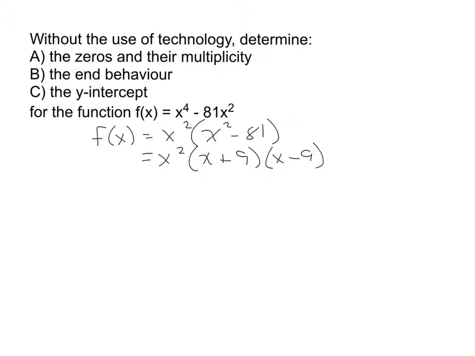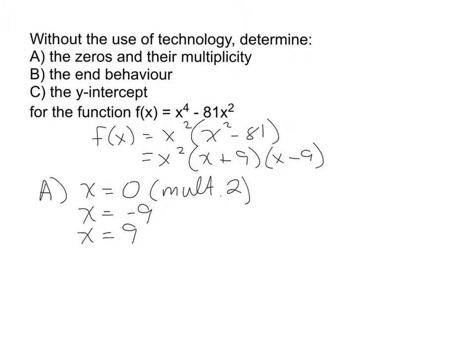So now when I want to talk about the zeros and their multiplicity, x equals 0 from the first one, right? X squared equals 0, which means x equals 0, but it has a multiplicity of 2. And then we have x equals negative 9 from the second one, and x equals 9 from the third one.